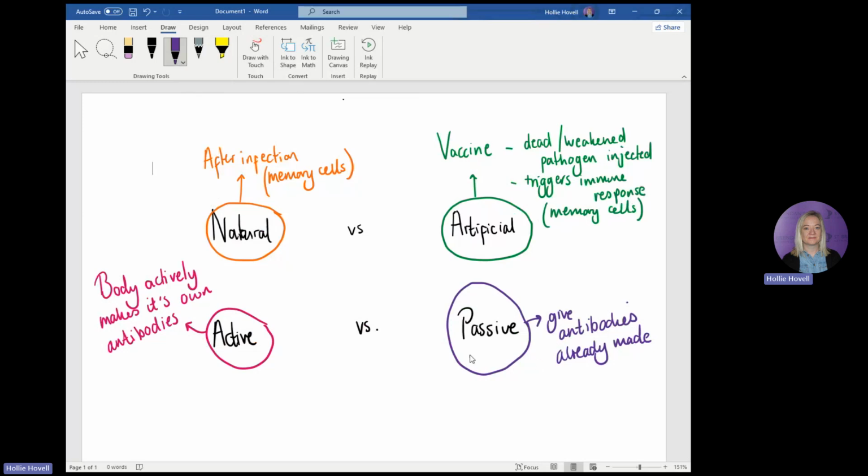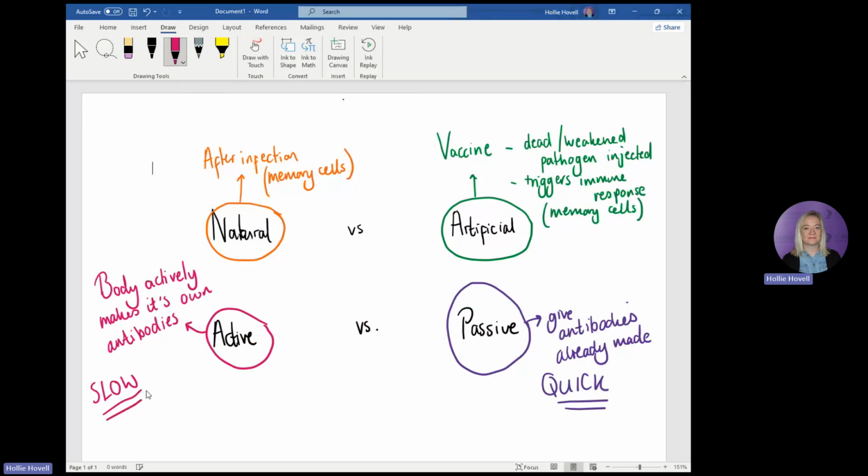Now, why would we give someone antibodies already made? There's a few benefits to it. Or there's one main benefit, I should say, really. It's really fast. Okay, it's really quick. That's the benefit of passive. Whereas active takes time. Okay, it's quite slow.